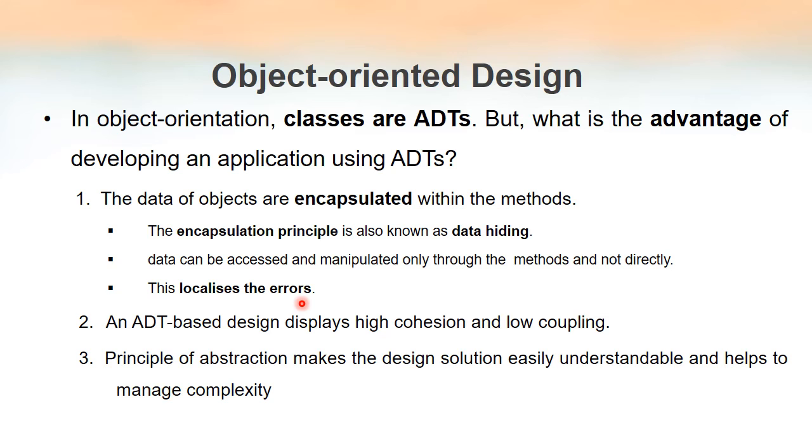Okay, and the second advantage of developing an application using ADT is that it provides high cohesion and low coupling. High cohesion means the relation between the data and functions within an object is very high, but between the objects the relation is very low.